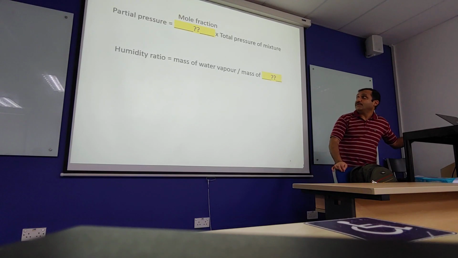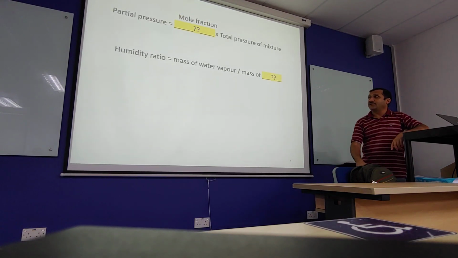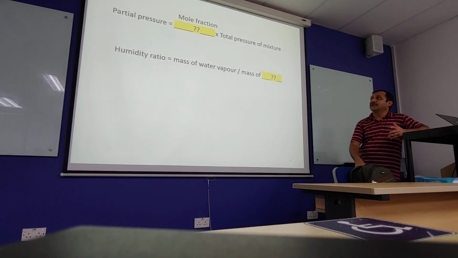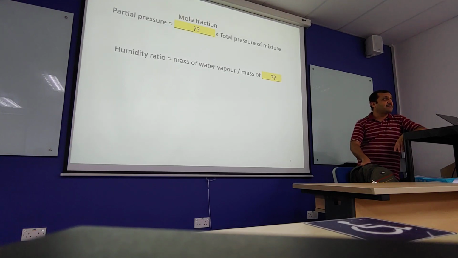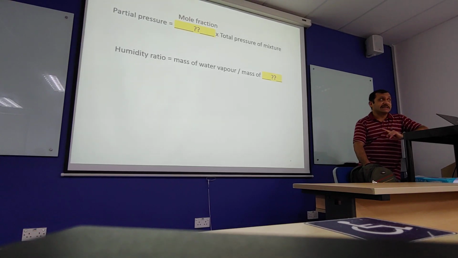Okay? Now, humidity ratio is equal to mass of water vapor divided by mass of water. Humidity ratio. Someone said air. So humidity ratio is mass of water vapor divided by mass of air. Is that correct? Is it complete?